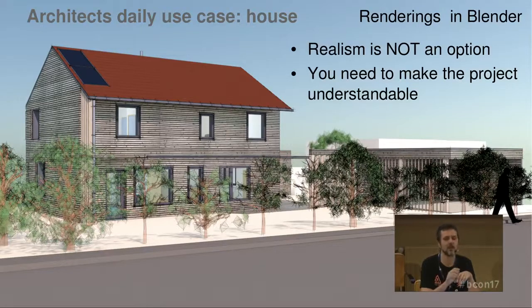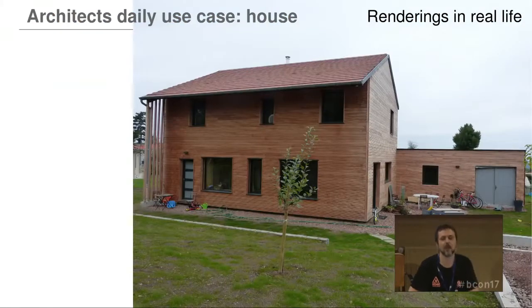But at this time, I wrote it: realism is not an option, because you are doing just a project. And if you are using Cycles to have the most realistic rendering, then the client will come back to you 6 months later to tell you, okay, it was supposed to be like that, and this is what I got.